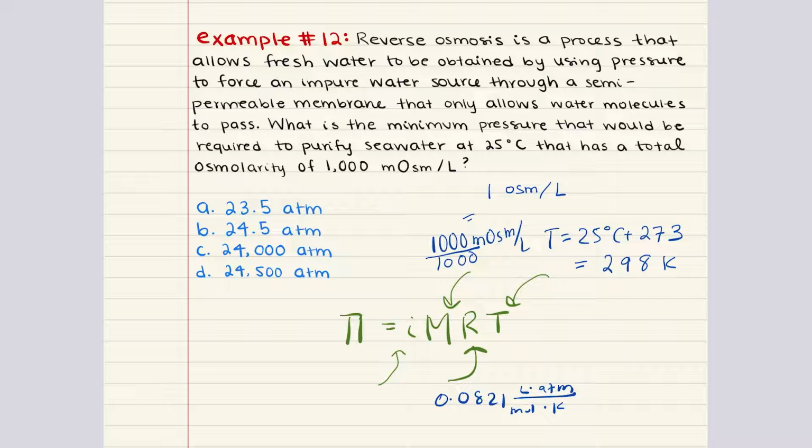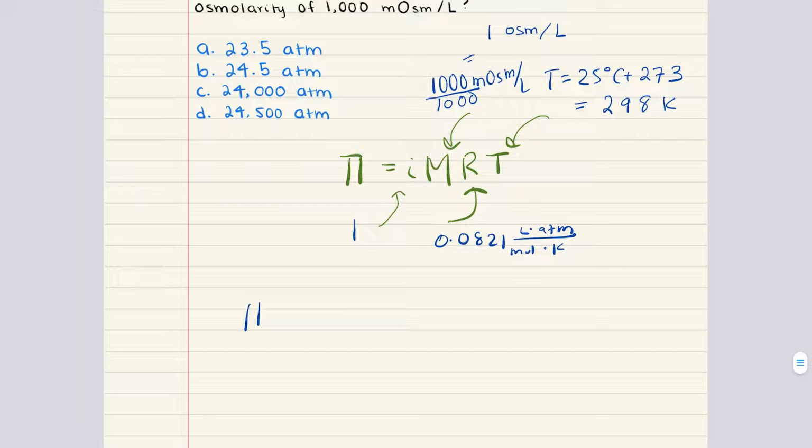And then i, this is the number of particles the solute dissociates into. Here, this is going to be a value of 1. For seawater, which is a mixture of salts, the osmolarity provided already accounts for the dissociation of ions, so we can just use i equal to 1 here. So now with that, we can go ahead and plug things into our equation.